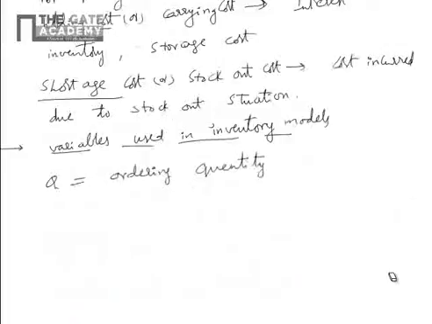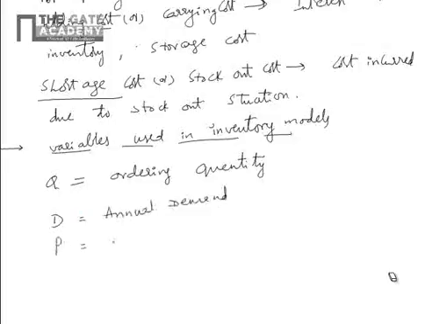Each textbook has their own notations, and you can follow whatever you studied. D equal to annual demand. C is the cost of inventory per unit item. So C or P. P is the price or unit cost.